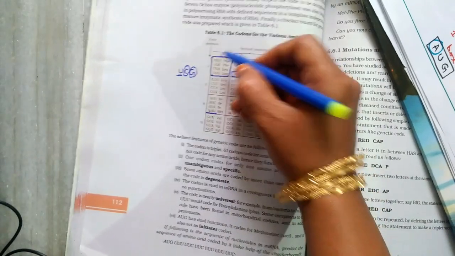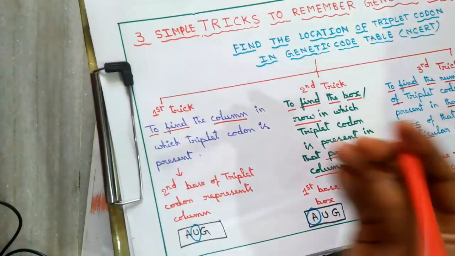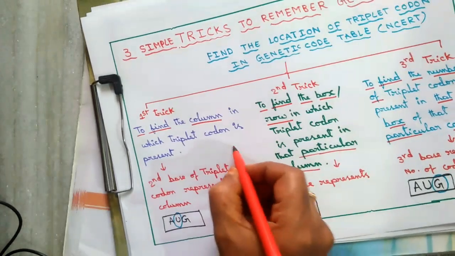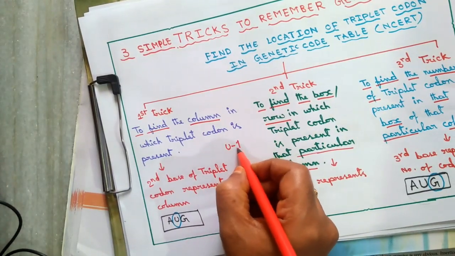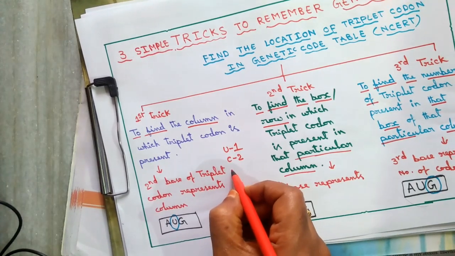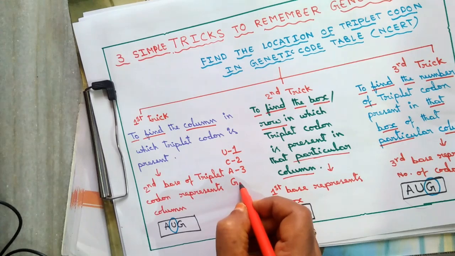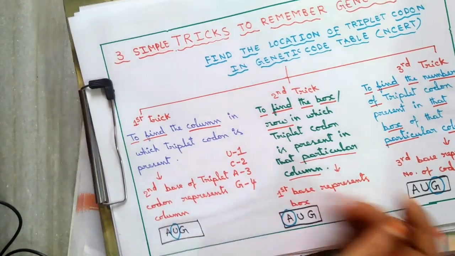So if the second base is U, it represents the first column. If the second base is C, it represents the second column. If the second base is A, it represents the third column. If the second base is G, it represents the fourth column.